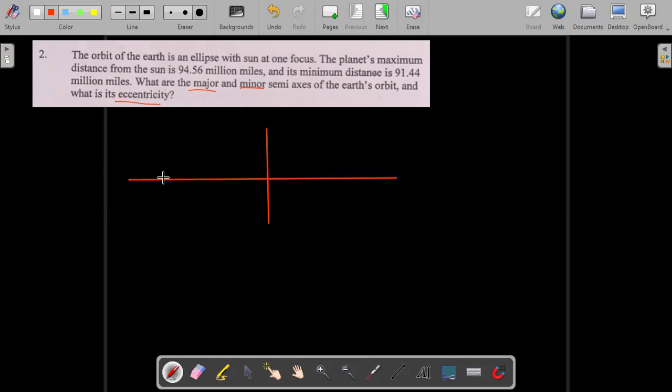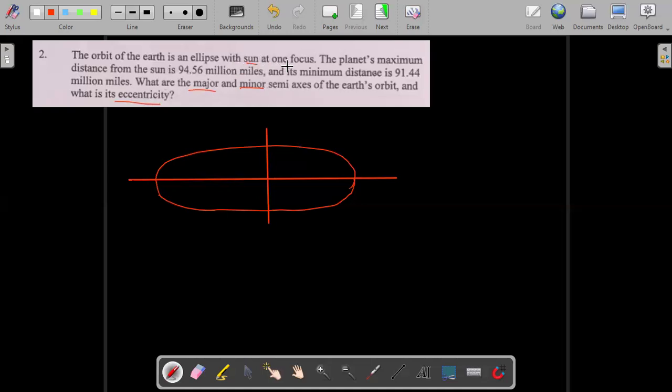Okay, I think this one is better. So we're told that the orbit of the Earth is an ellipse, with the Sun at one focus.